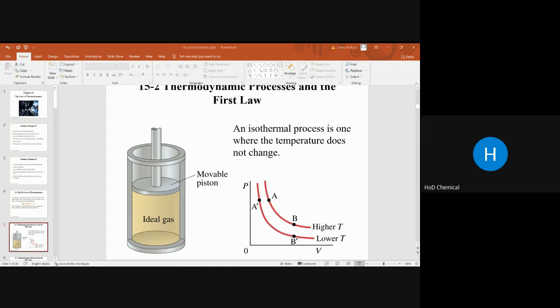Okay. Now, before we go to the adiabatic process, we have to conclude about the isothermal process. We already know the isothermal process is a constant temperature process. An adiabatic process means that it allows no energy inside or outside the system, for example a flask.